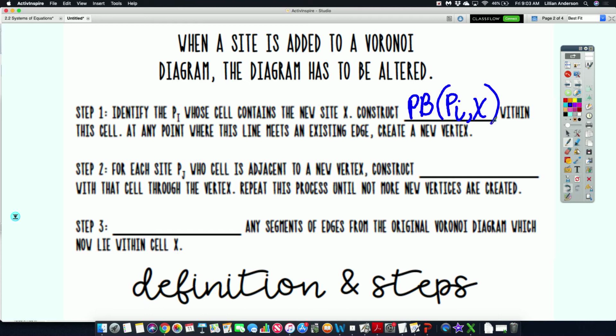At any point where this line meets an existing edge, you create a vertex. So you're actually going to draw in that line, and if that line intersects an existing edge of a Voronoi diagram, then you have created a vertex. Does everybody understand?